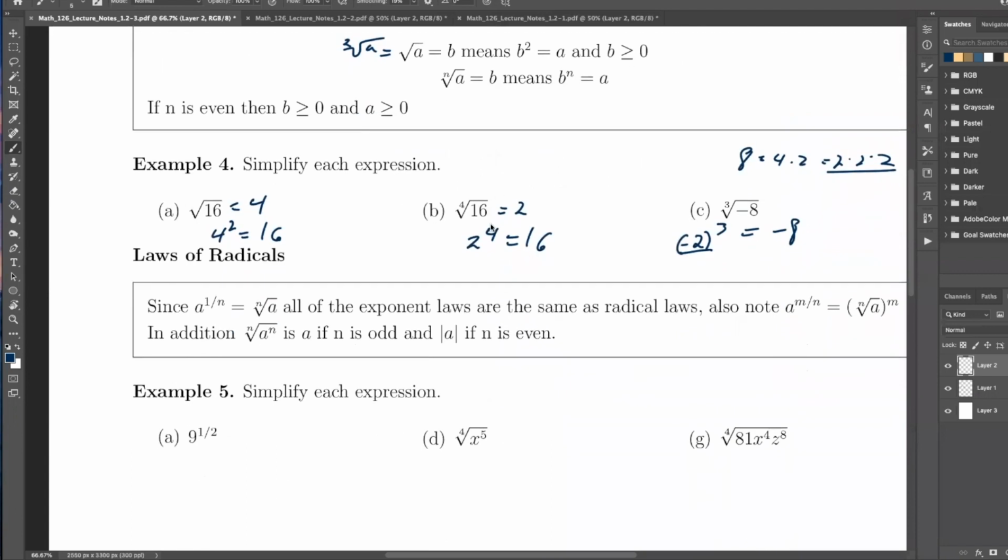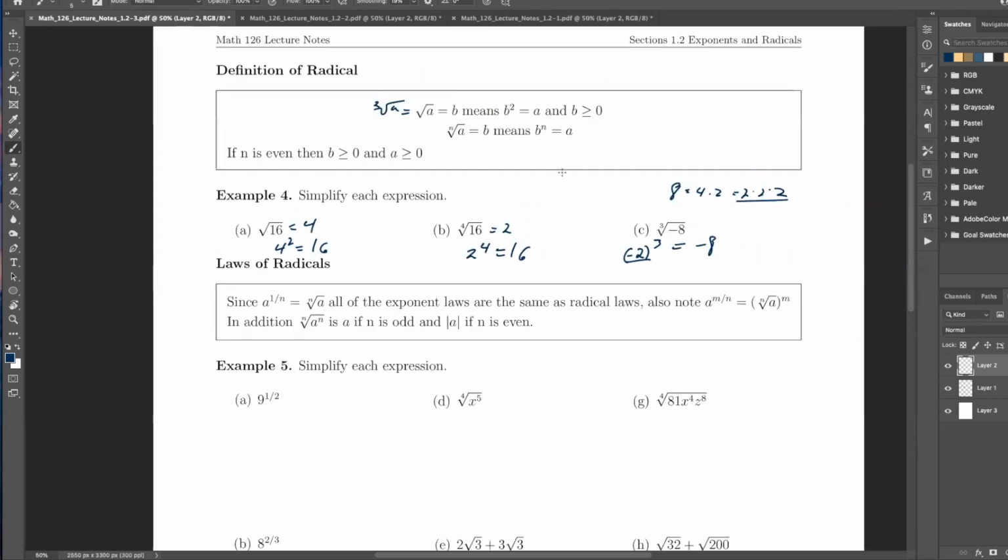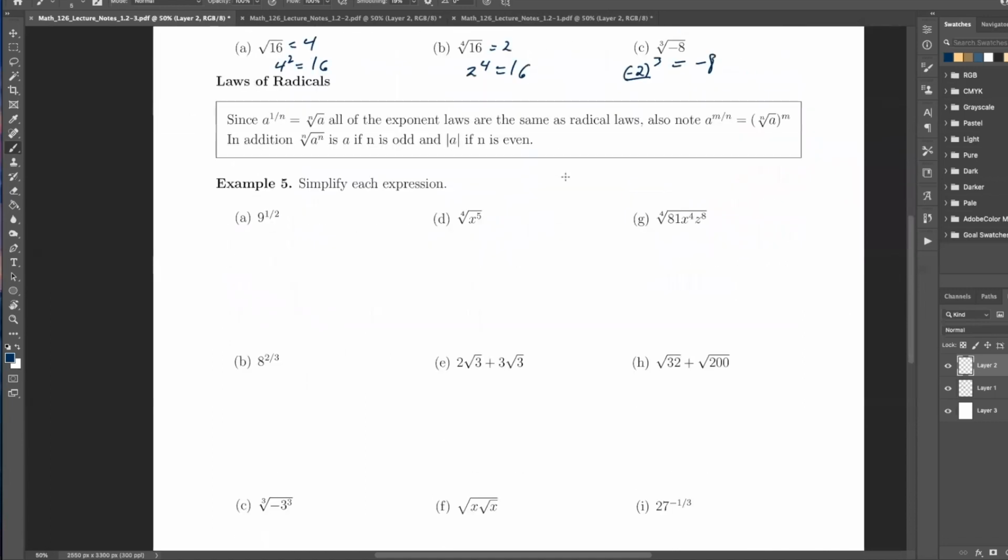So let's do some laws of radical things real quick. Let me kind of go through these, simplify each expression. This is here to help you get comfortable with everything that could happen here.